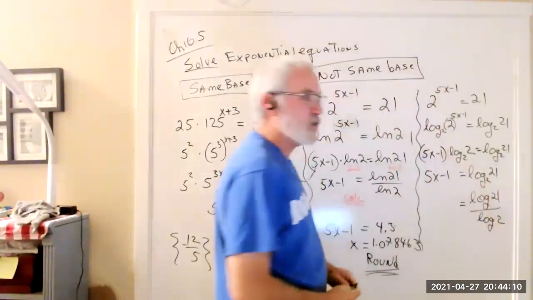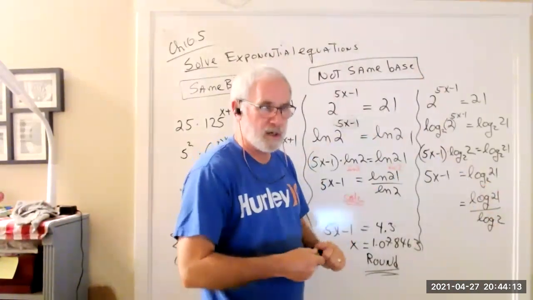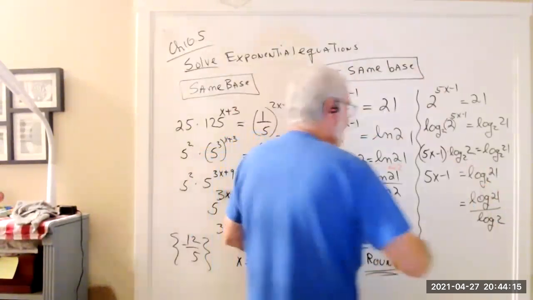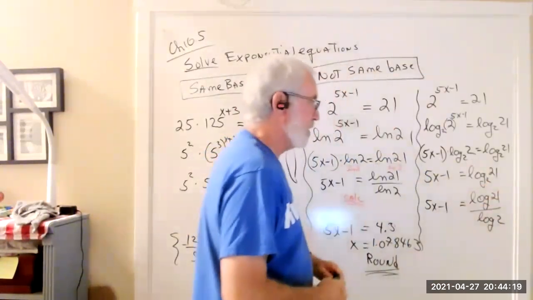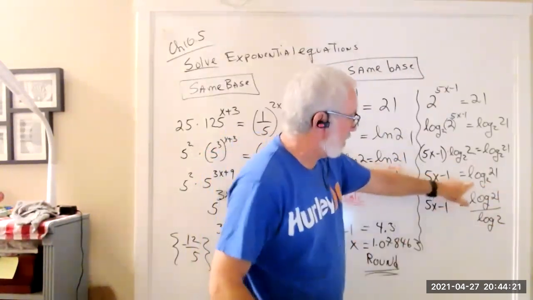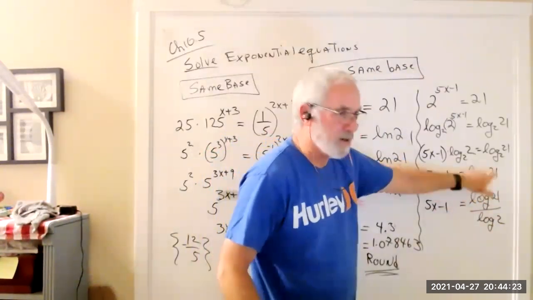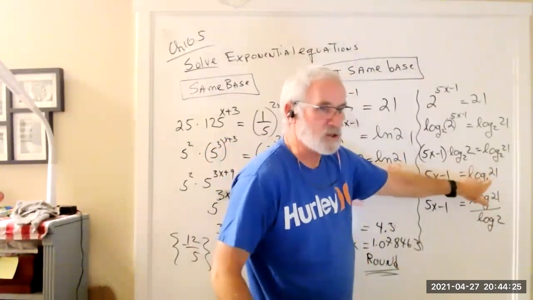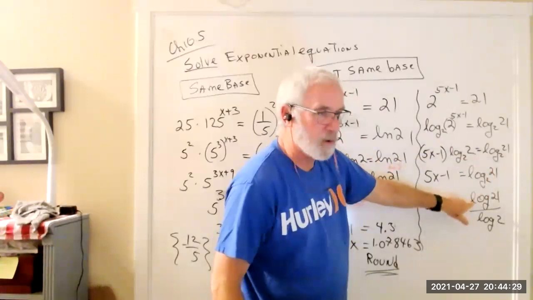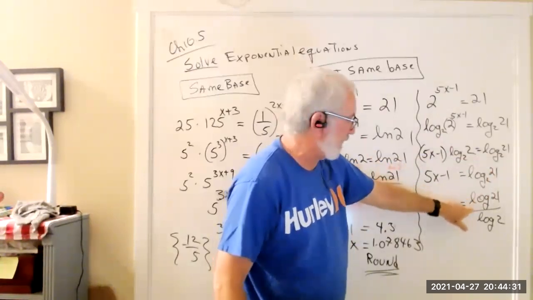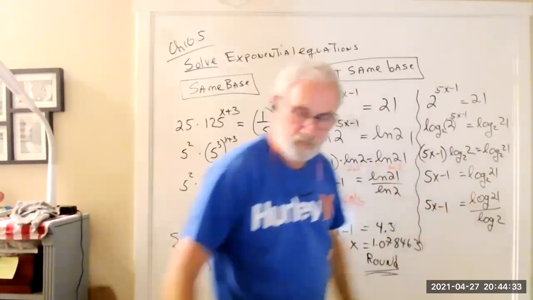That was called the change of base formula. So this could be 5x minus 1 equals that mess. So finish off the problem either by using your magic button on your calculator, your base 2 whatever, or by calculating log of 21 divided by log of 2.